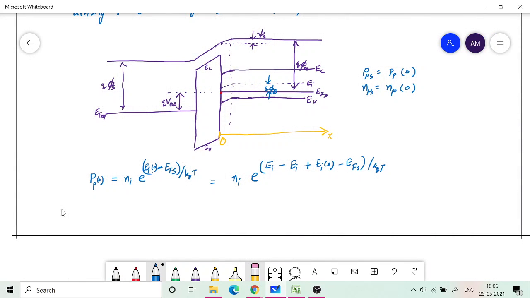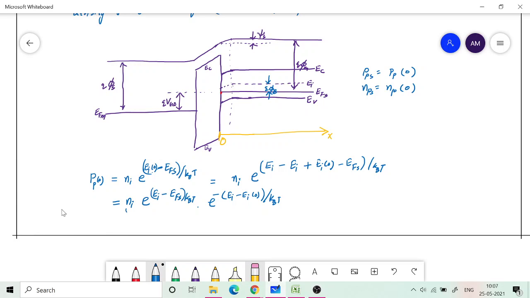So that is going to give me Ni into, then I am going to split these terms like this, EI minus EFS by KBT into minus of EI minus EI 0 of KBT.